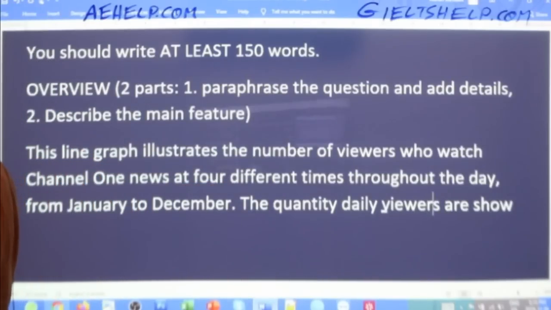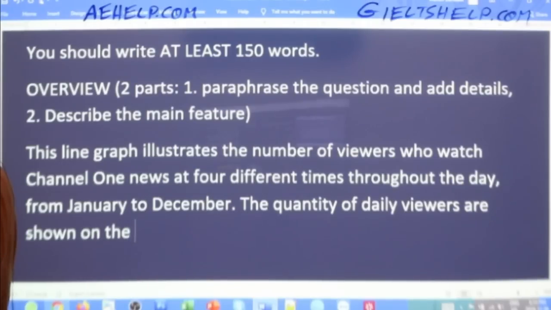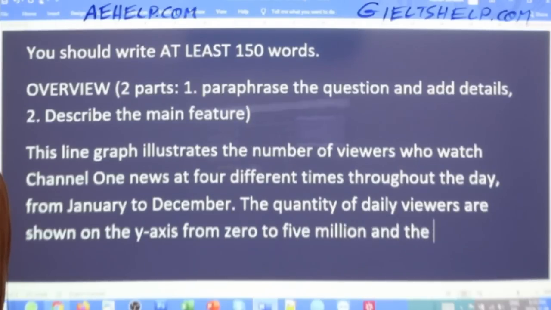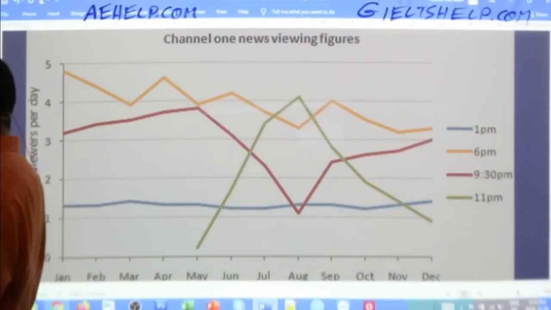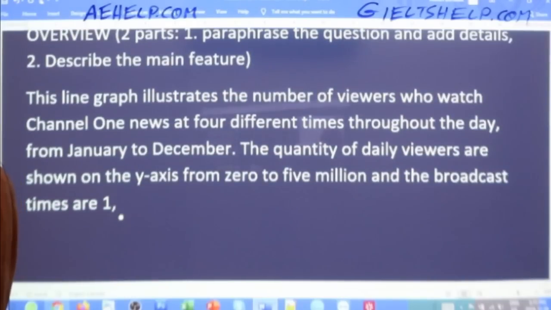So the quantity of daily viewers are shown on the y-axis from 0 to 5 million, and the broadcast times are 1, 6, 9:30, and 11 p.m. Okay?